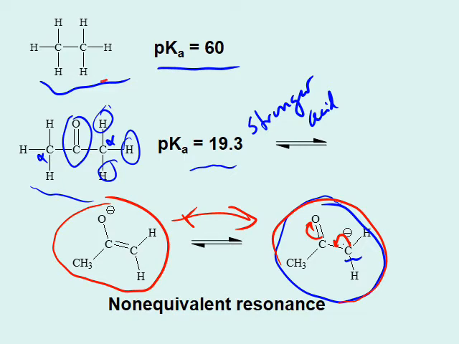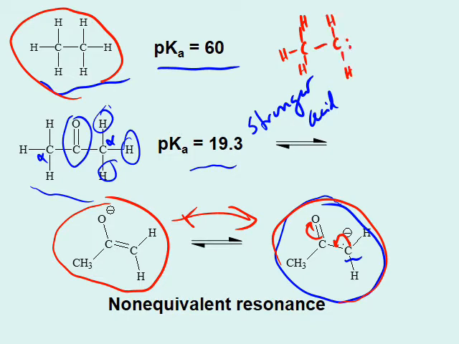On the other hand, let me show you the top structure. If hydrogen leaves, you'd end up with something like this. But can this electron go anywhere?